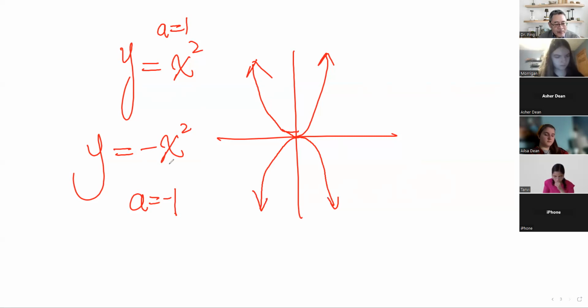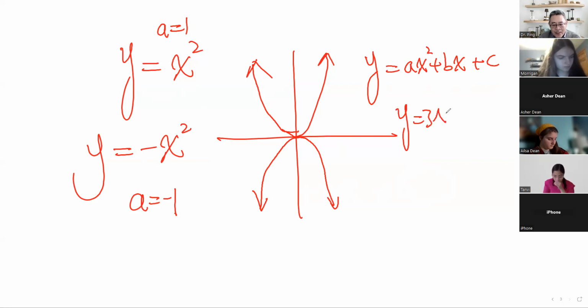So when we have a function like ax squared plus bx plus c, for example, y equals 3x squared minus 5x plus 1, because this one is positive, it has to be going like this.